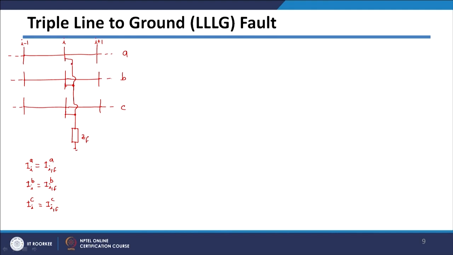So this is your fault current in A phase, this is your fault current in B phase, and this is your fault current in C phase. So here the current flowing to the fault will be the addition of all the three currents.